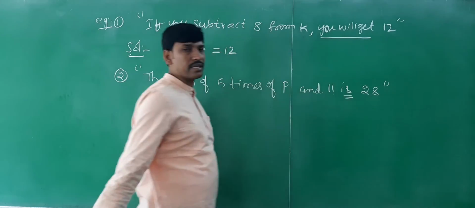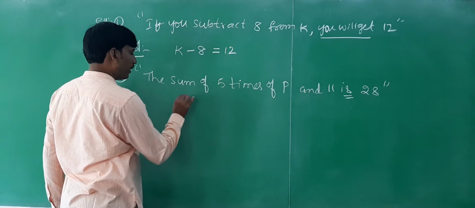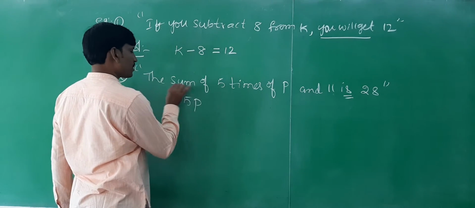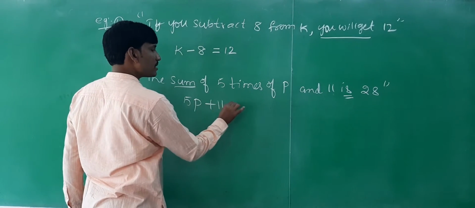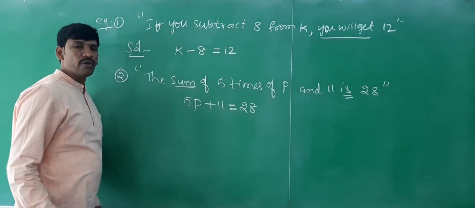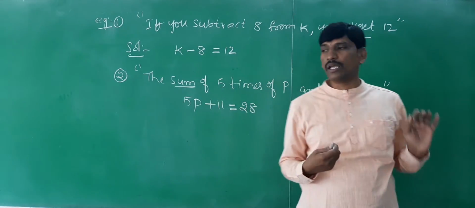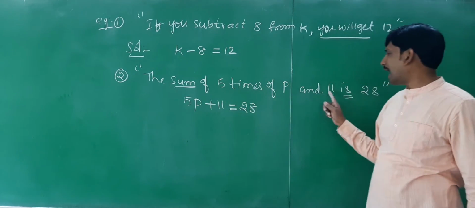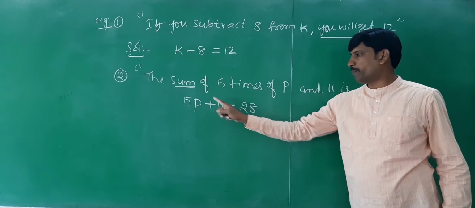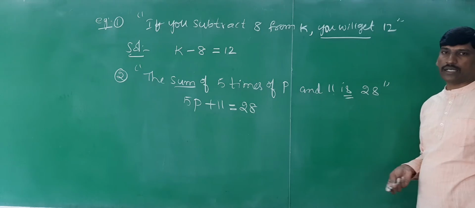Is means equality sign. We are going to write an equation. 5 times of p, 5p, sum means plus 11, which is equal to 28. 5 times of p is nothing but 5 into p, and the sum they given is nothing but add 11. So 5p plus 11 is equal to 28.